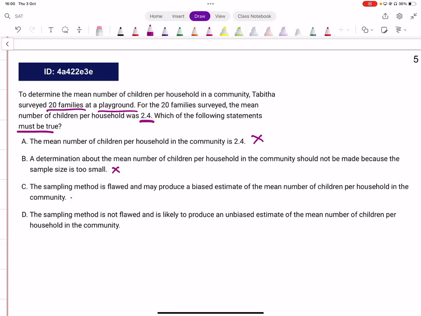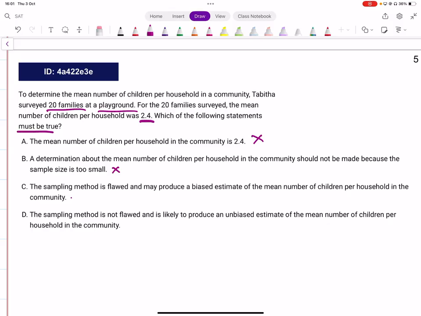The sampling method is flawed and may produce a biased estimate of the mean number of children. What do you think about this? Can you think of a reason why it could be flawed? No? It's a playground. If you're taking a sample from a playground, most likely the families there are the ones who have children, right? There might be other families who don't have any children at all.